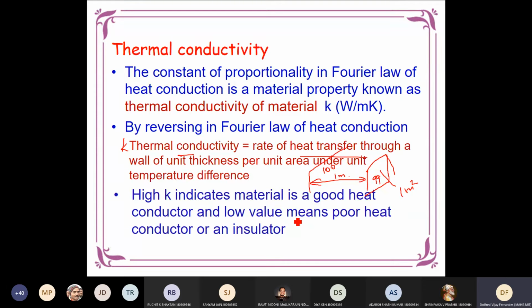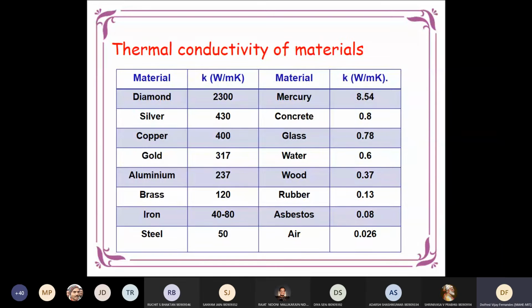So it's very important for the students who have studied the course of heat transfer. They should have some idea about the values of thermal conductivity of different materials.